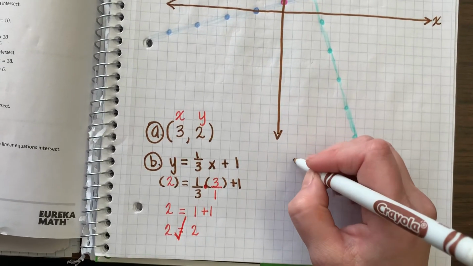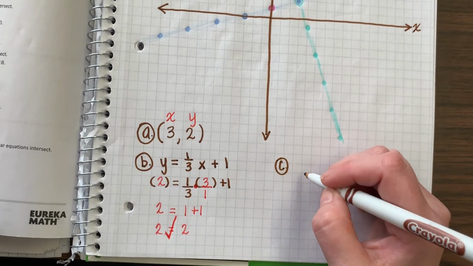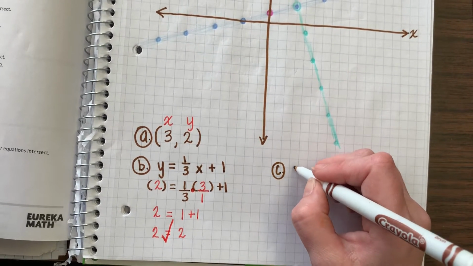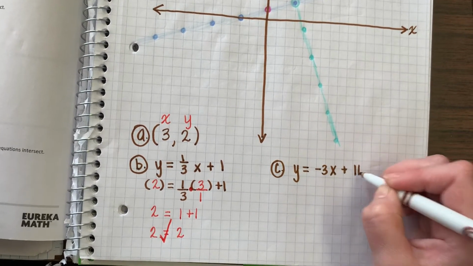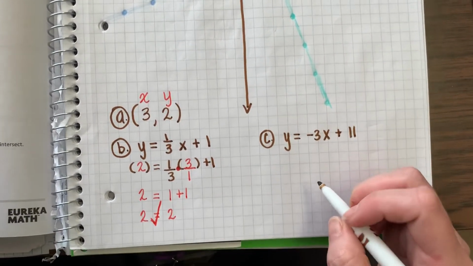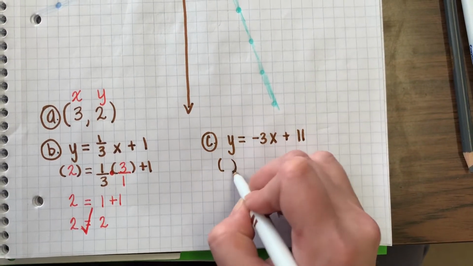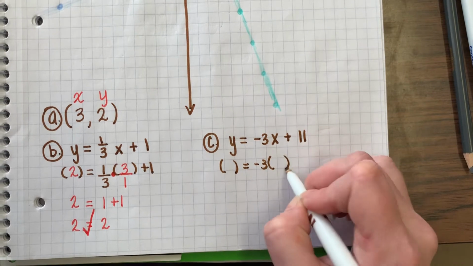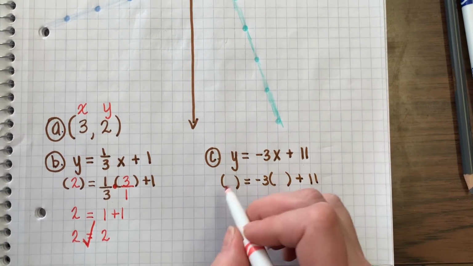Now, part C says verify that the ordered pair named in part A is a solution for this equation, y equals negative 3x plus 11. In the place of your x and your y, you're going to put an open set of parentheses. In the place of the y, we're going to put the 2.